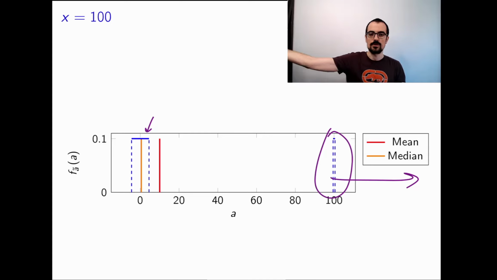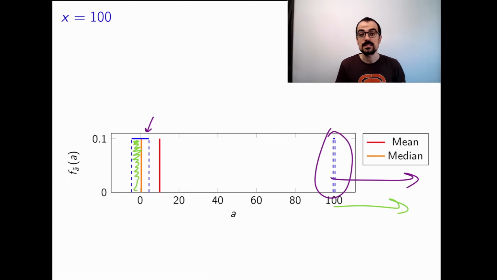I can send them to 300 billion. I can have a player that earns $1,000 million. It doesn't matter. The median is going to stay where it is because there's always half of the players that are here, no matter how rich the richer players get. So for this kind of data sets where you have very extreme values, the median is a much more reasonable way of estimating a typical value than the mean.